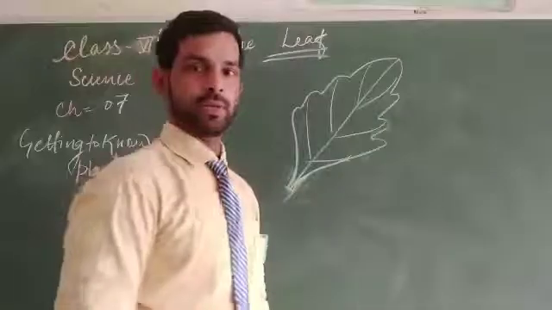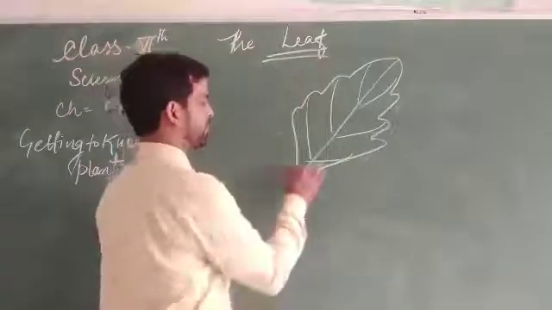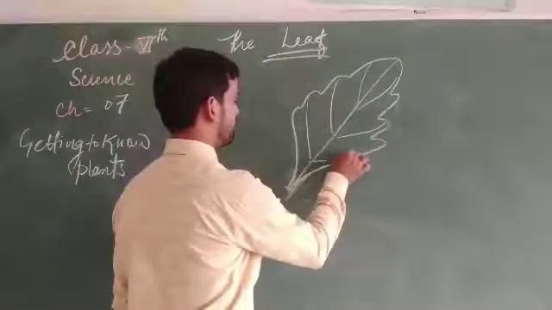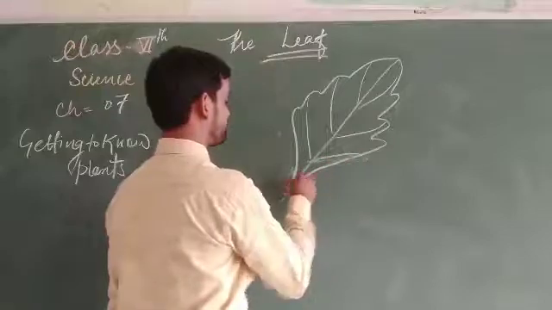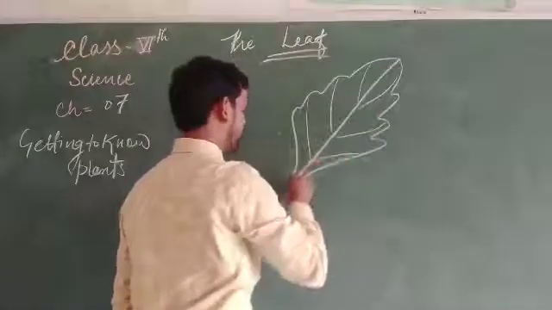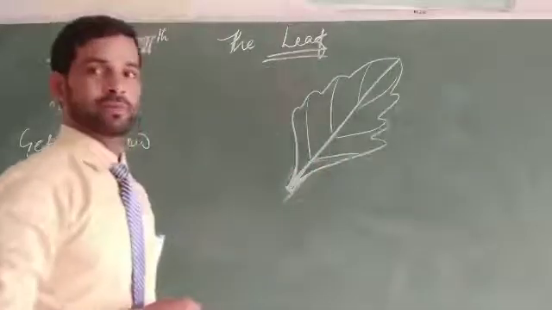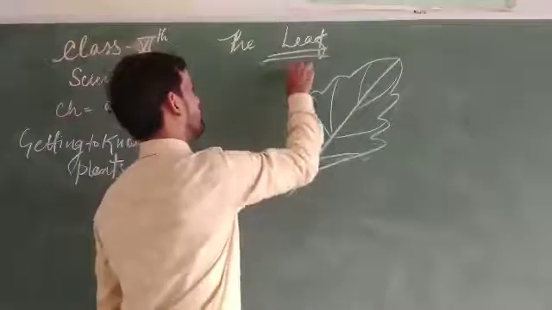So here you can see the leaf and the parts of a leaf. What are these actually? I want to tell you. This one is the middle portion of the leaf that holds it together, and it is an important part. That one is called the midrib.